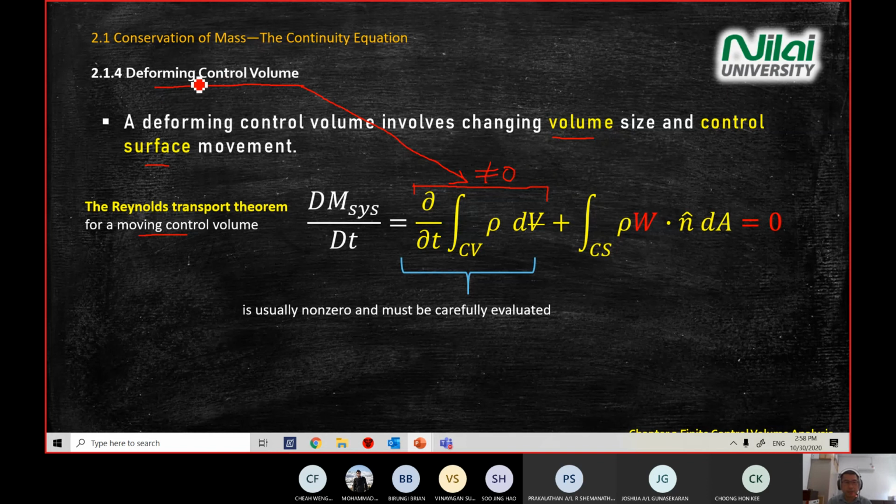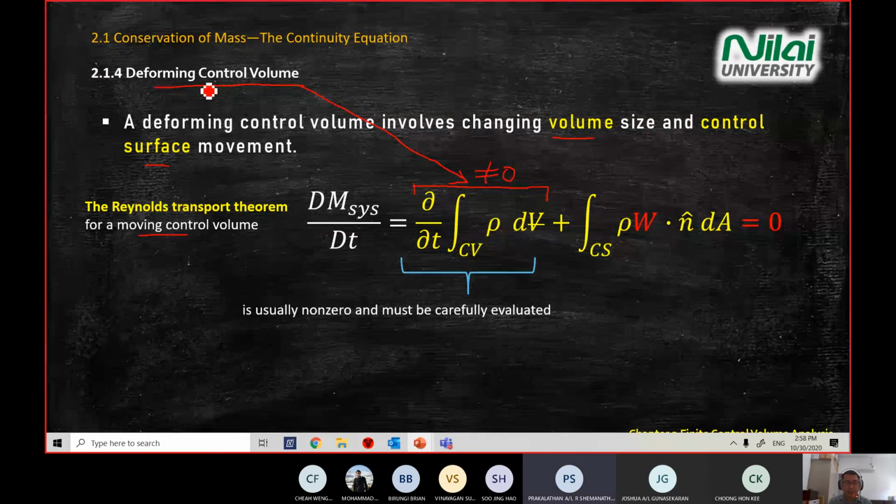Deforming means the control volume is already changing. You cannot cancel it out, even though you have a steady flow inside the system, because the control volume is changing.